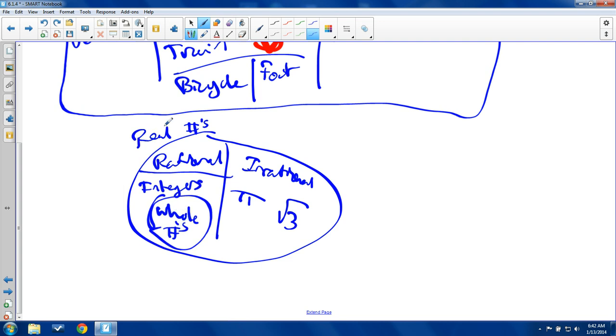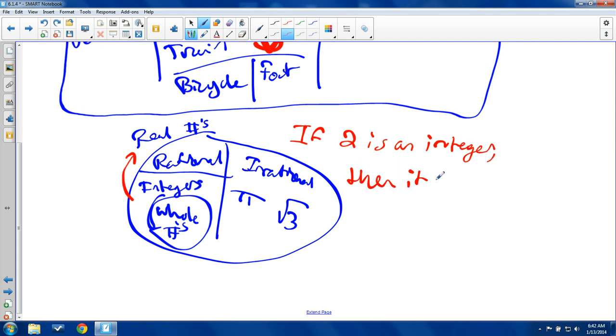So if something's an integer, that means it is a real number. So if 2 is an integer, then it is a real number. This is true. Okay?